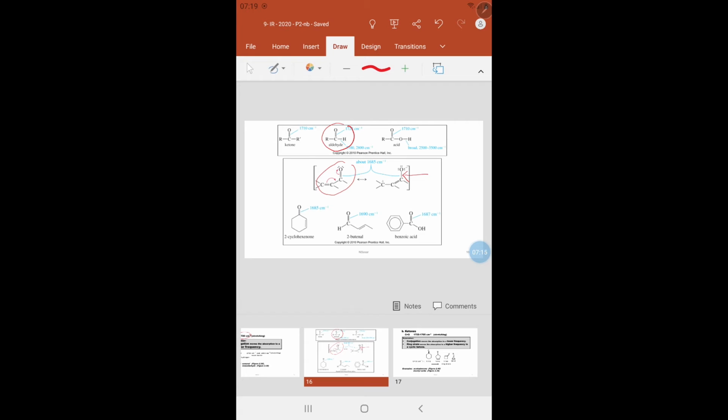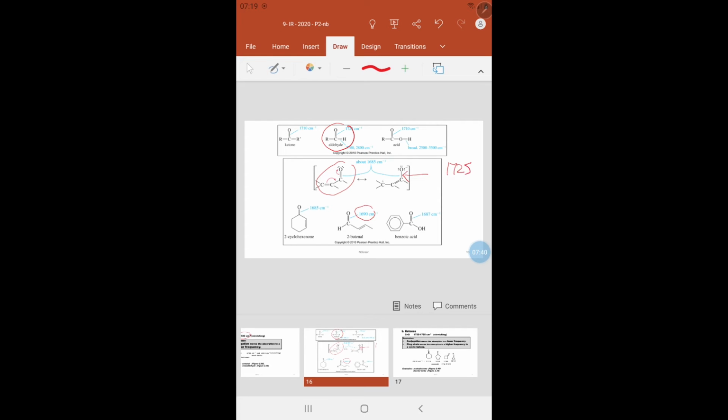So when you have a compound, let's say this one, 2-butanol, double bond, single bond, double bond, that is the conjugation. The frequency now becomes 1690. Normally it is around 1710 or 1725, sorry, 1725 for aldehyde.